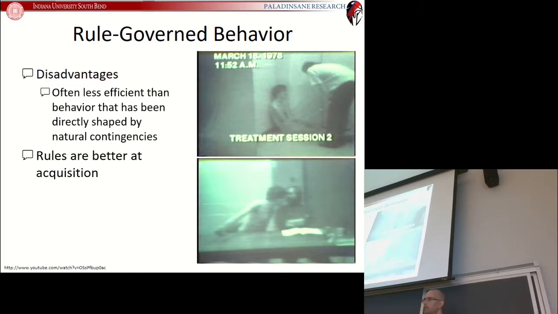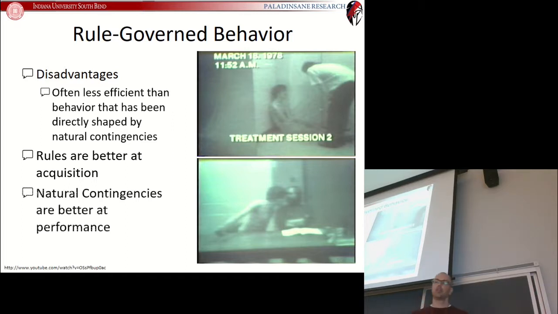And that's great at acquisition, but actual natural contingencies are better at honing that performance. They're better at shaping your performance, shaping that behavior. So that's one disadvantage of rule-governed behavior.